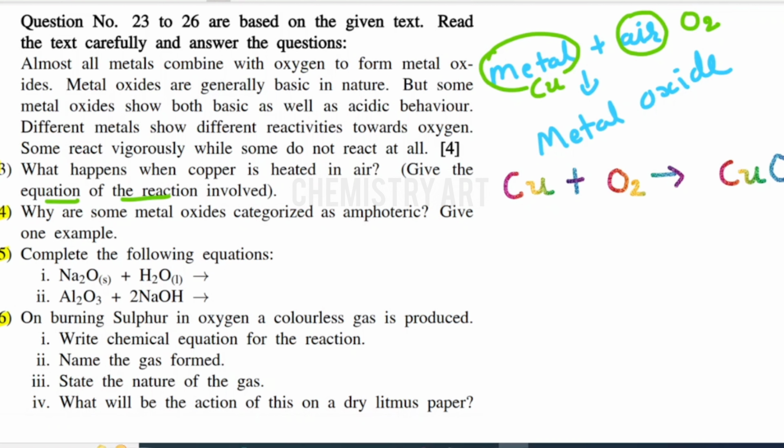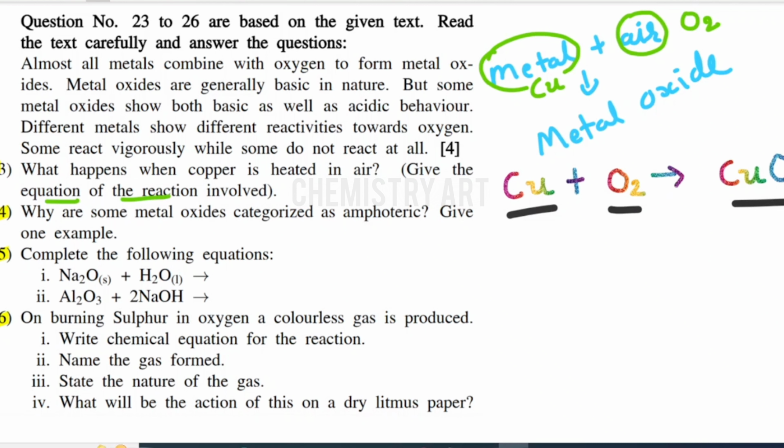See, copper generally has two types of oxides. Copper has two valencies, valency 1 and valency 2. Here copper has valency 2, so I can say CuO. Copper mostly has valency 2, but sometimes it shows valency 1 also, and here the copper is reacting with oxygen to form CuO.